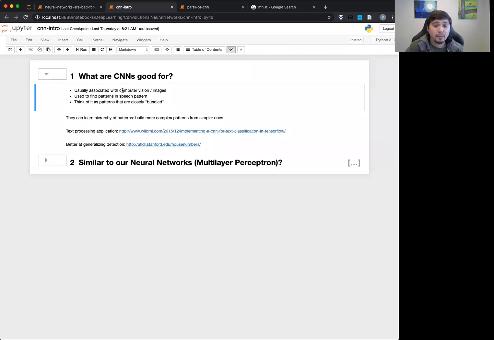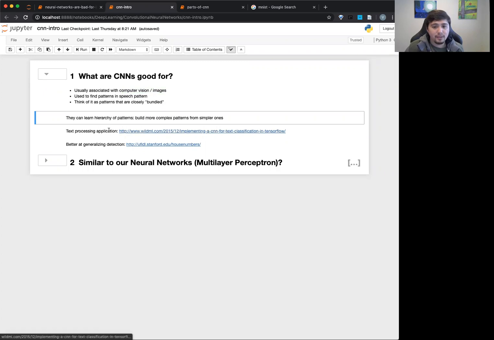But in general, computer vision is what they're associated with, because before CNNs, computer vision was almost like a joke, like there's no way we're going to get this in the next 30 years. And CNNs came along and said, hey, we can actually do a pretty decent job. So that's why it's associated here. I will point to a couple of things.